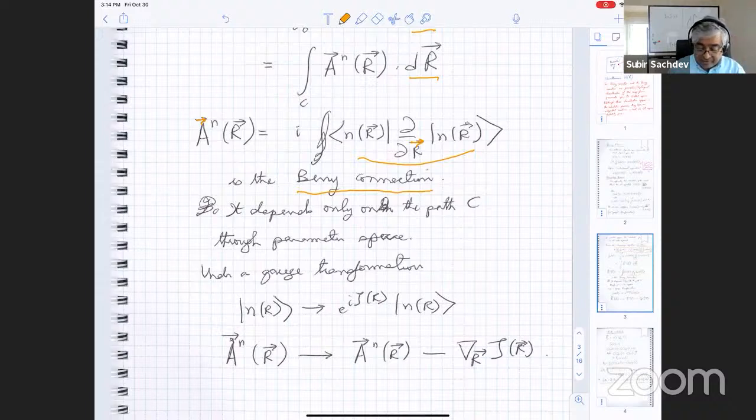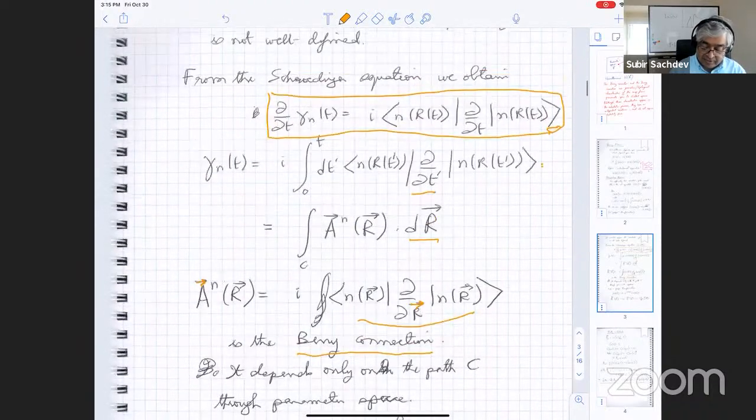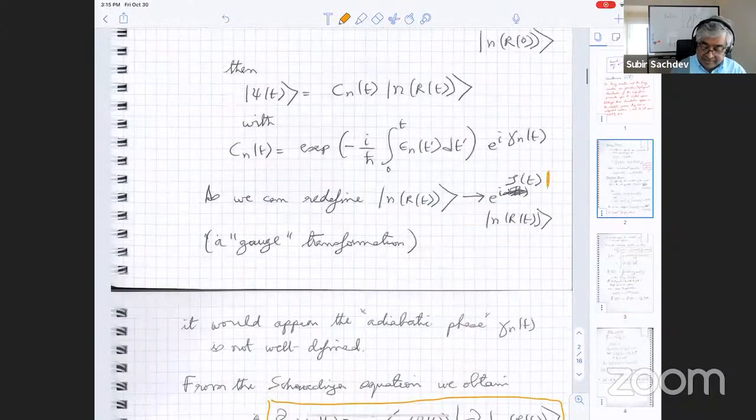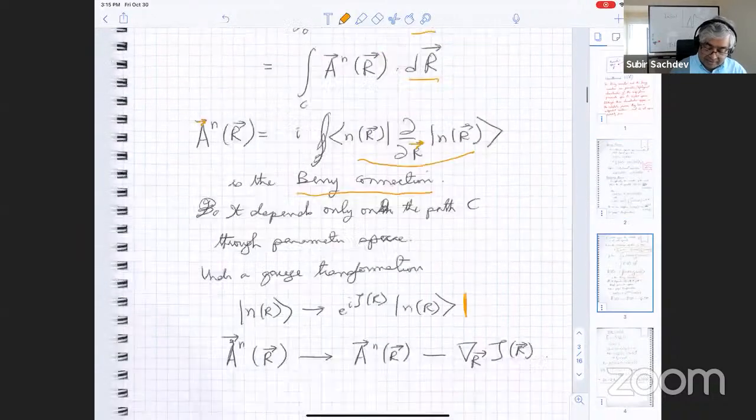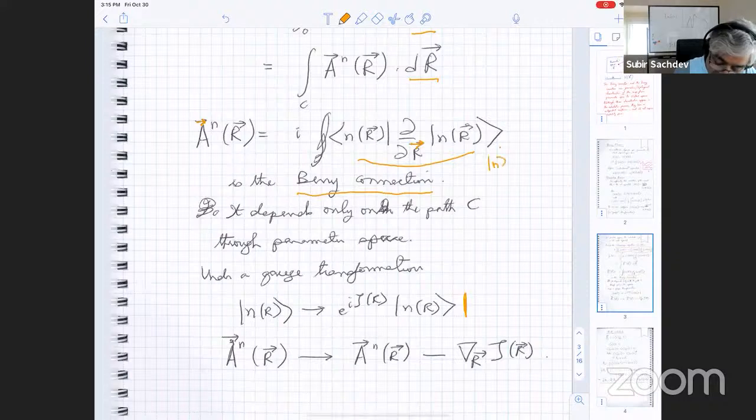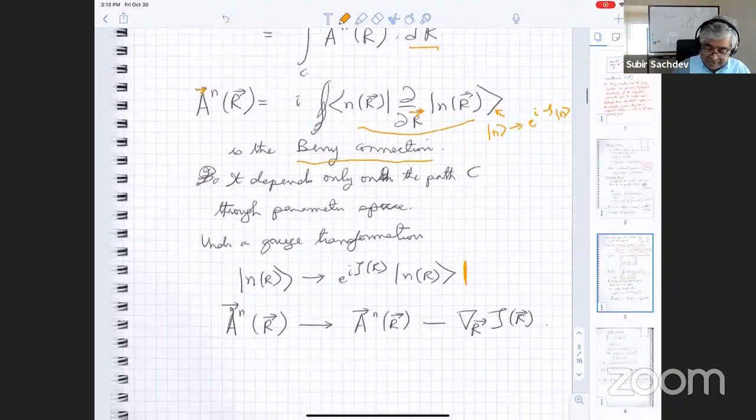So now comes the point: why do we think it's like a vector potential? Well, if you do this transformation, if I chose different phases in the definition of n of r, and I can write zeta as a function of r or t, it doesn't matter. Then if you make that change and you plug n goes to e to the i zeta times n in here, then you find that A will change. And how does it change?